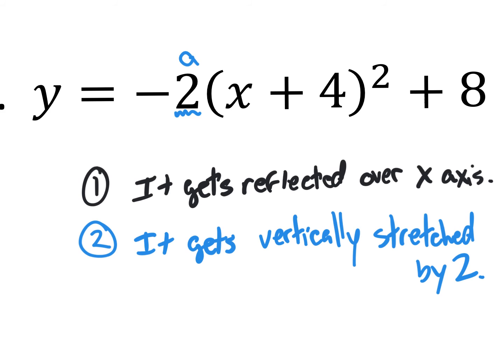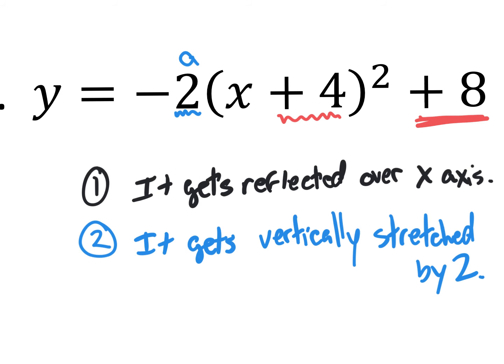Okay. But anyway, from left to right, we dealt with the reflection over the x-axis. We already wrote that down. We said a vertical stretch by 2. We already wrote that down. And now, last but not least, what does this mean and what does that mean? Well, we know that this is our h value, and we have to think opposite of what we see. And this is our k value, and we take that for what it is.